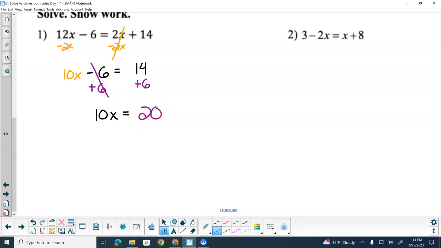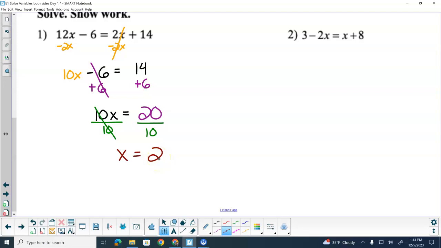Then what? Divide both sides by 10, because the 10 is being multiplied, so we're going to divide both sides by 10. 20 divided by 10 is how much, Neva? 2. So we get x all by its lonesome, which is what we wanted, and x equals 2.